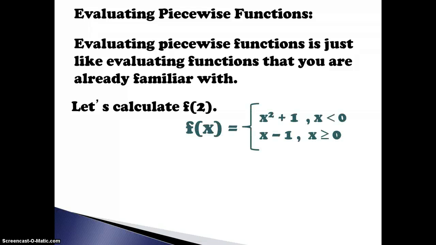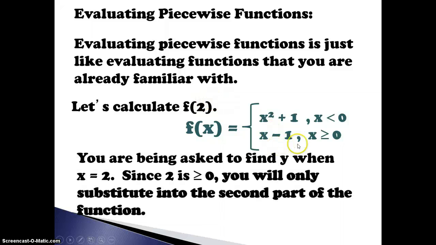So I have this function which we talked about earlier, and I want to find f of 2. So I need to look at the restriction. For this one, it says x is less than 0, and then the second part says x is greater than or equal to 0. So since I'm looking for f of 2, we are going to use this function. You're being asked to find y when x is 2.